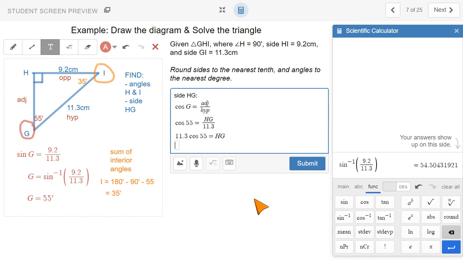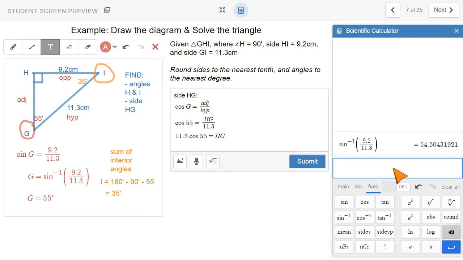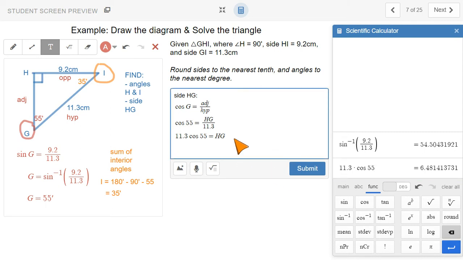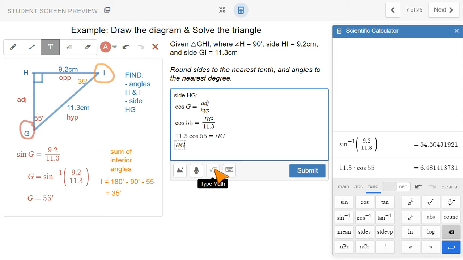Let's type it into our calculator now. 11.3 times cosine 55. This is equal to 6.48. Let's round that to one decimal spot, and we have 6.5.